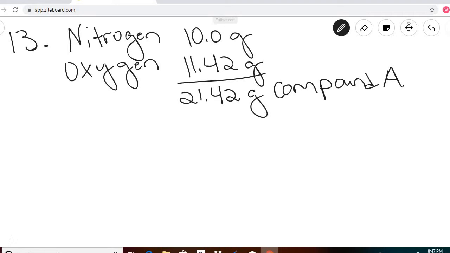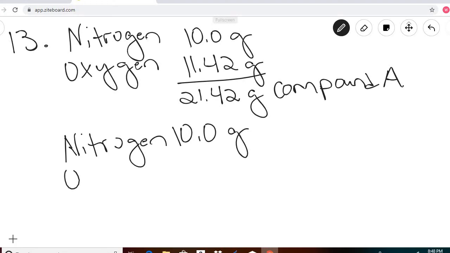And then in the second case, we start with 10 grams of nitrogen, and for oxygen, we aren't told how much oxygen, but the question says, if she starts with 10 grams of nitrogen but wants to make a completely different gas with no leftovers, should she use 20.5 grams of oxygen?